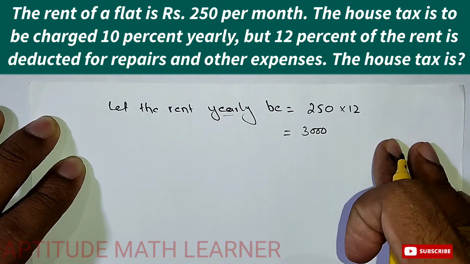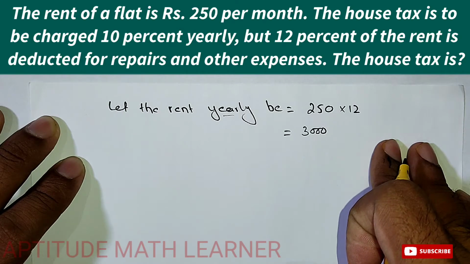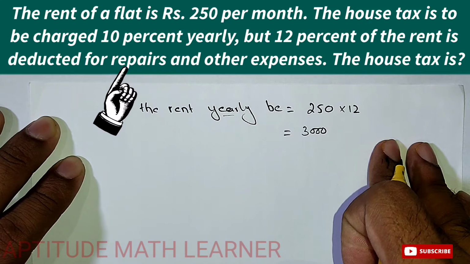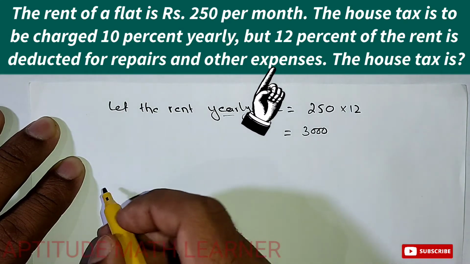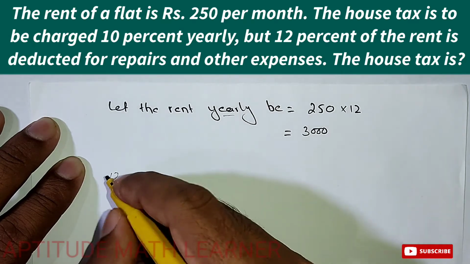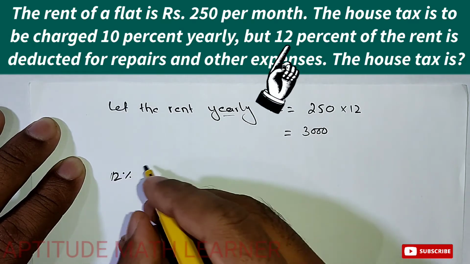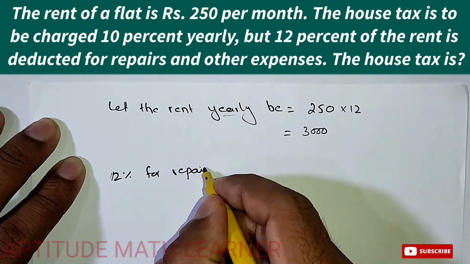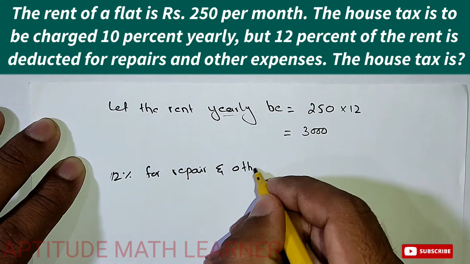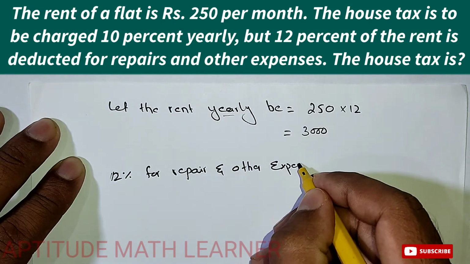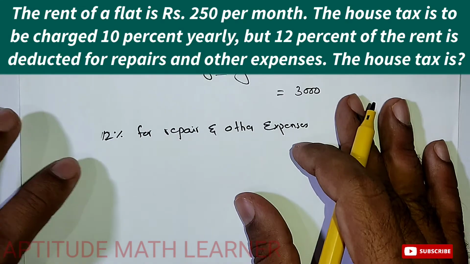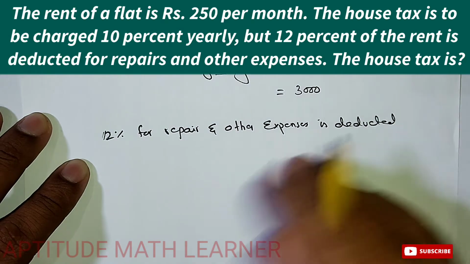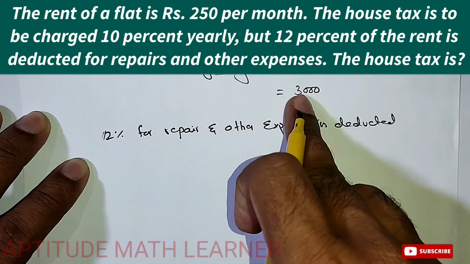But in the question, if you see, it says that 12% of this rent is deducted for repairs and other expenses. So this is 12% for repair and other expenses. 12% of the whole amount is deducted.